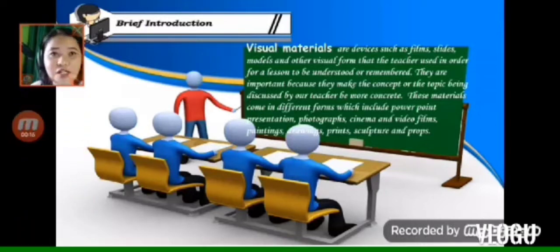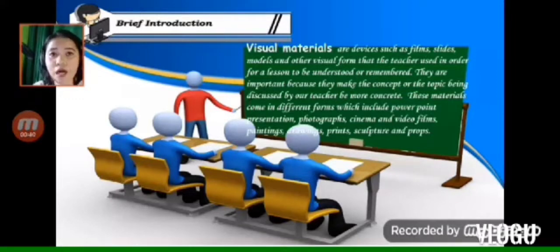Okay. So let us start. Let us have our brief introduction about our lesson today. Visual materials are devices such as films, slides, models, and other visual forms that the teacher uses in order for a lesson to be understood or remembered.